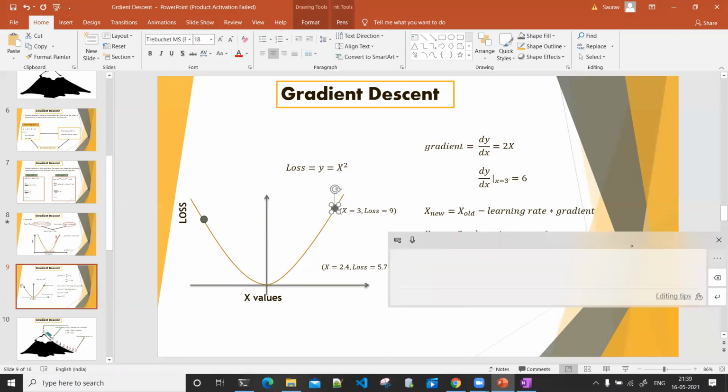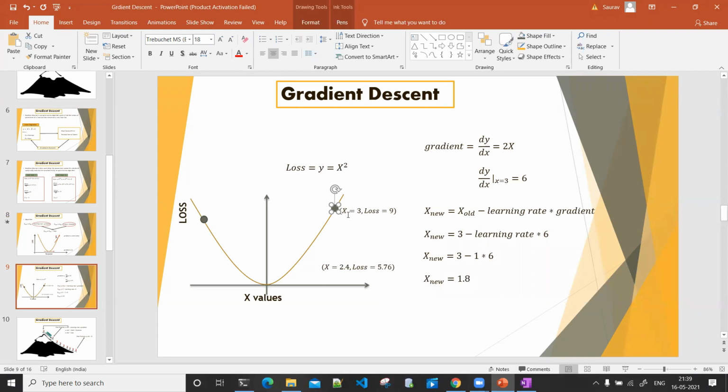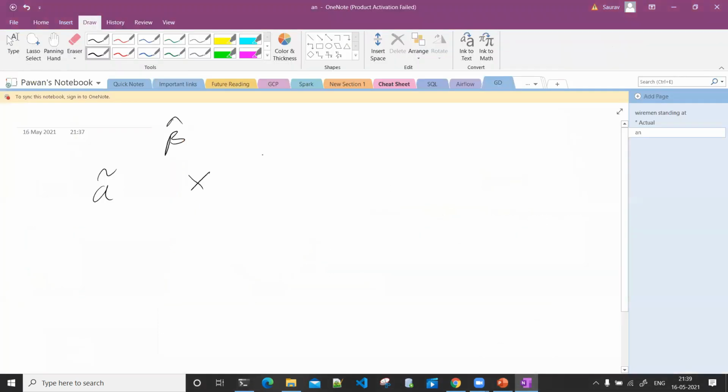So initially the loss is going to be 9. Now we have to optimize the value of x such that the value of y is low, or you can say the loss is going to be low. If we use y equals x square and the value of x equals 3, we have a value of 9.